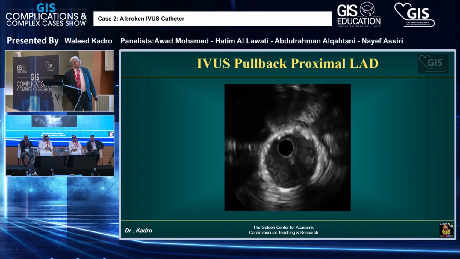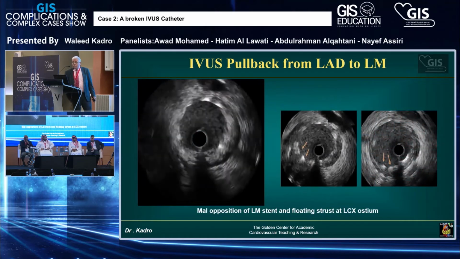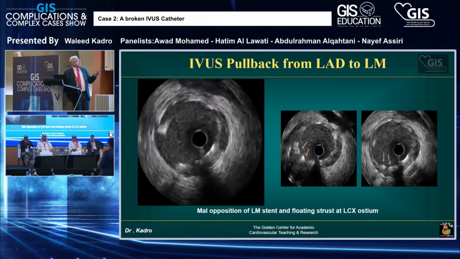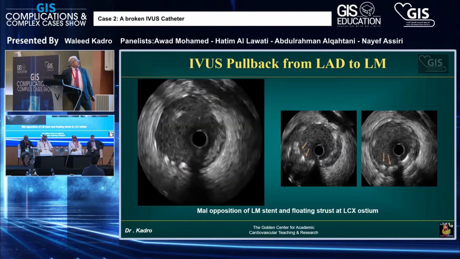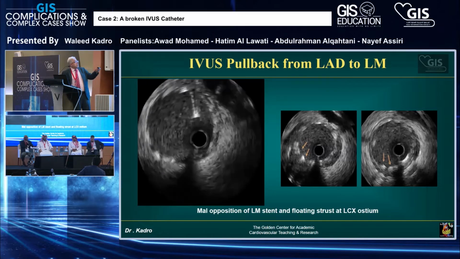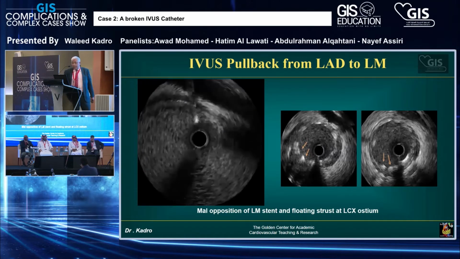This is the pullback from the LAD to the left main, and you see here the stent is not well opposed in the left main, and there is stent deformity in some part of the left main.